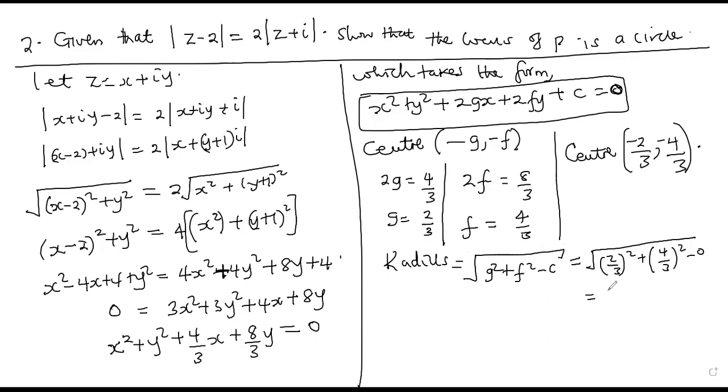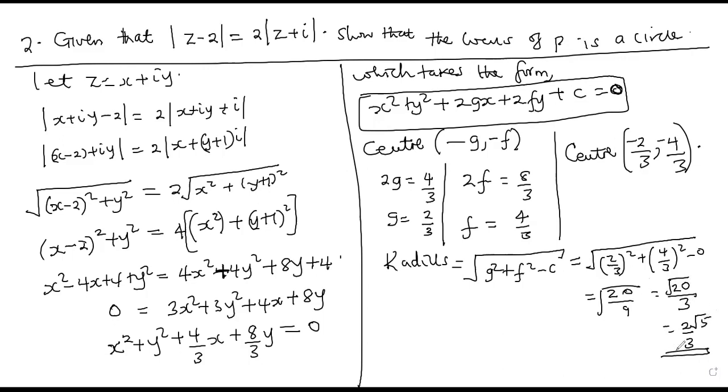So the radius will be, this is 4 over 9 plus 16 over 9, which will be 20 over 9 under root. So it is going to be root 20 out of 3, but root 20 is the same as root of 4 times 5, so it is going to be 2 over 3 root 5.